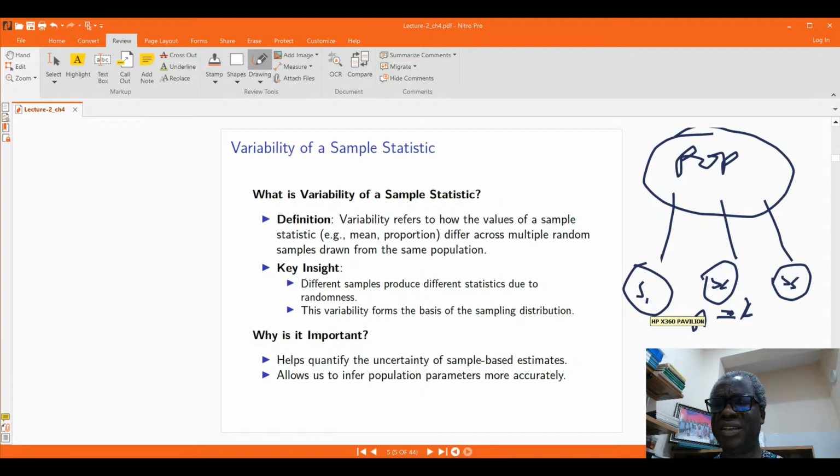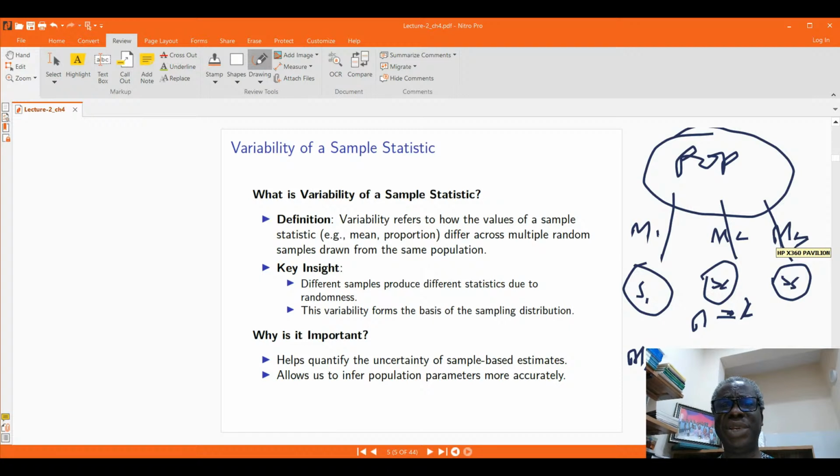So let's say our interest is the mean. That's the mean here, the mean here, the mean here. So we have the mean from sample 1, the mean from sample 2, the mean from sample 3.